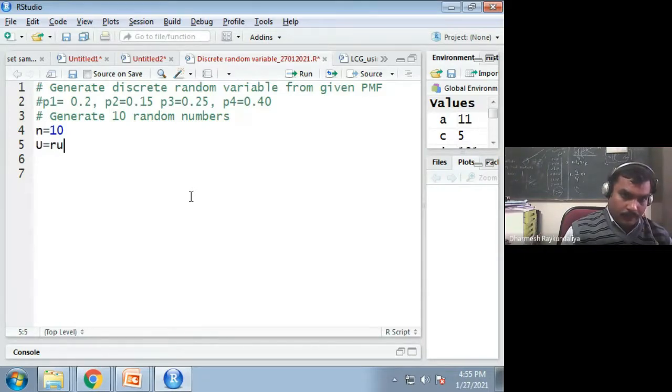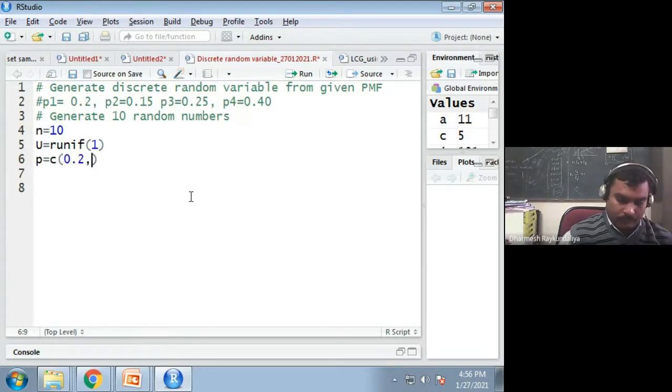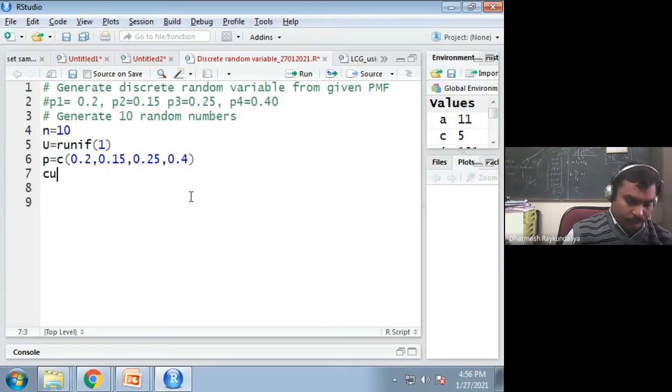Because we are generating one uniform random number. Okay, after that, what is next? So first we have to give the probabilities. What are the probabilities? 0.2, 0.15, 0.25, 0.40. What is the cumulative sum?